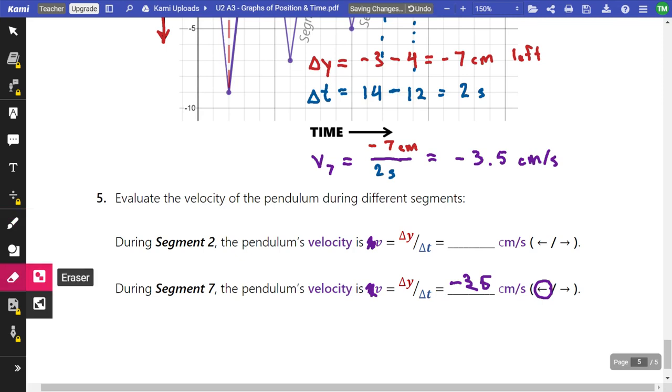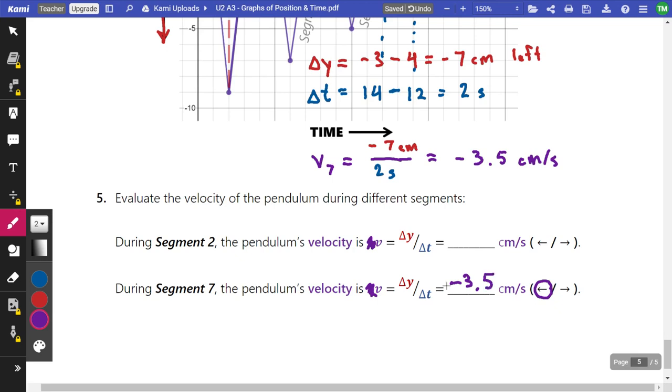Negative 3.5 centimeters per second. And it's going to the left. Okay, which leaves just this last part of number 5, figuring out segment 2.